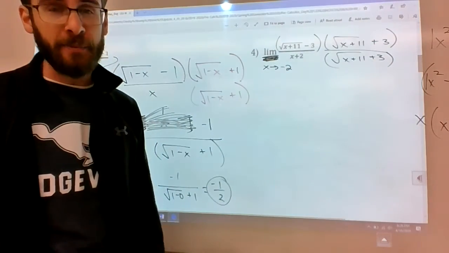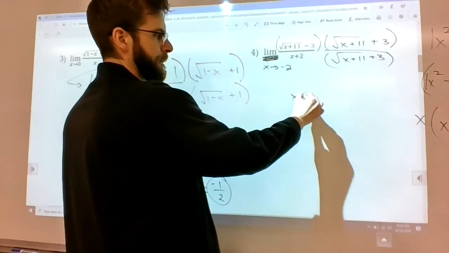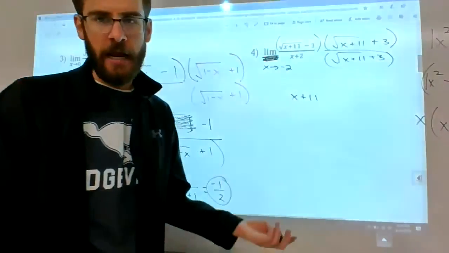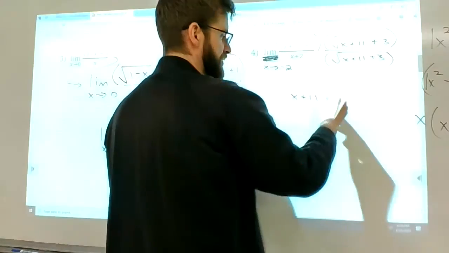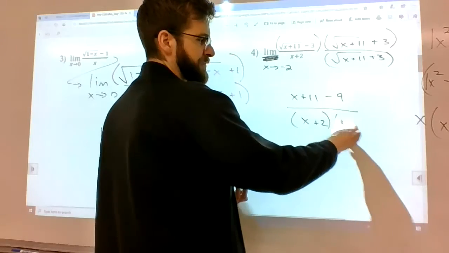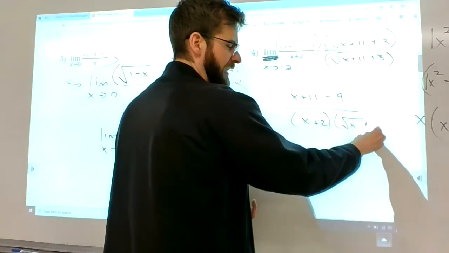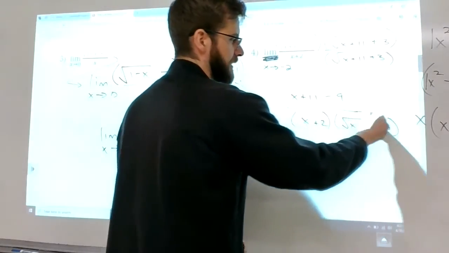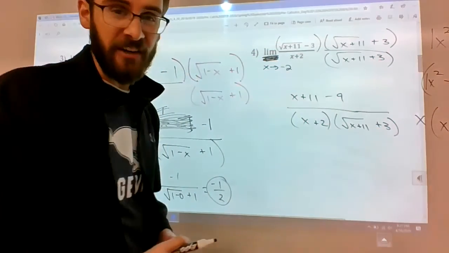So you're going to have x plus 11. And then you're going to take the 3 times the 3, which is 9. It's always subtraction. The bottom is left with x plus 2 times that really unpleasant part down there. It's, dare I say, ugly.